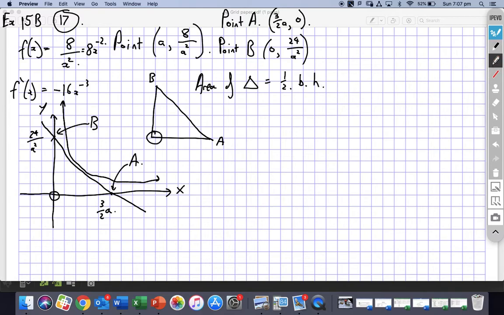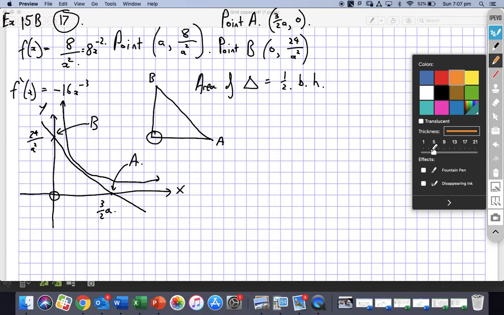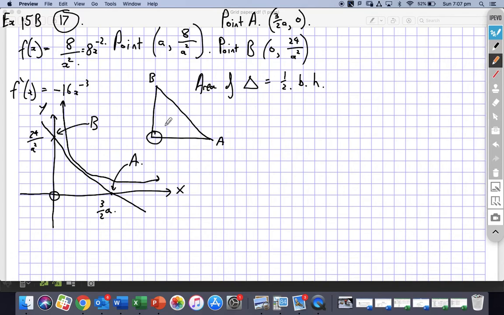So I need to think about height. What's the height of my triangle here? It's easy to work out because I'm starting at 0. I'm going from 0 up to 24 on a squared, so 24 on a squared is the height. What's the base length of the triangle?